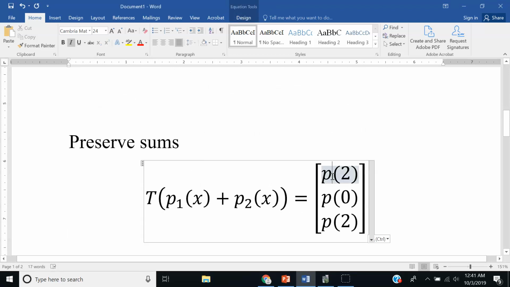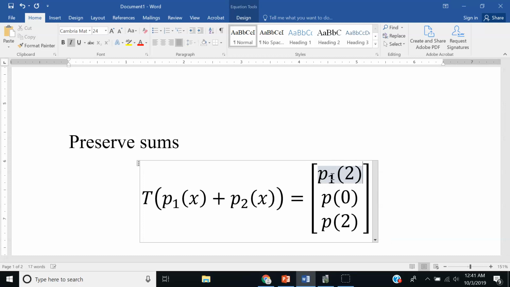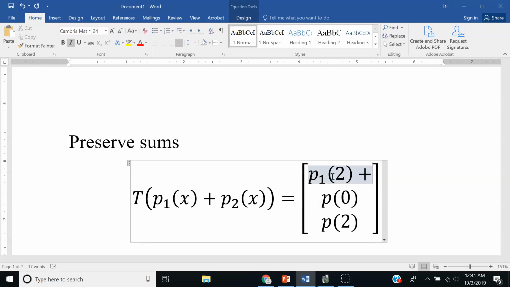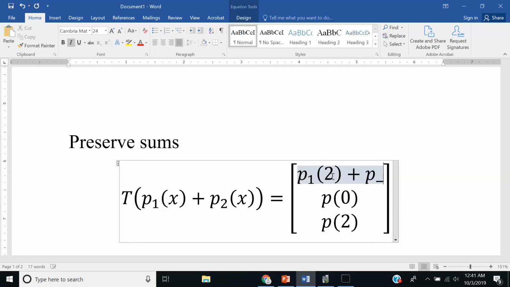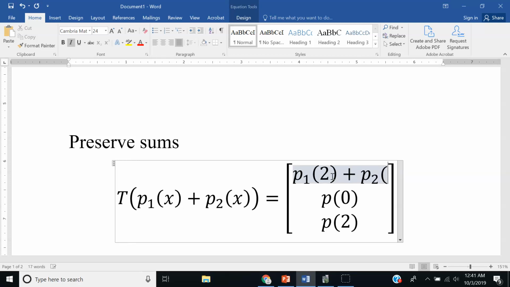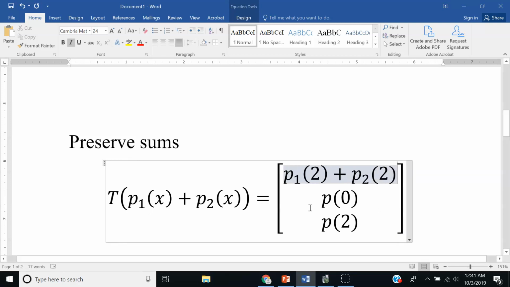Now, if you plug in 2 to the sum of a polynomial, that's just like plugging in 2 to the first one and then plugging in 2 to the second one. Hopefully, we all know that's what happens. Plugging in 2 into a function, which is a result of two functions being added, is like plugging into each of them. Same thing with 0.